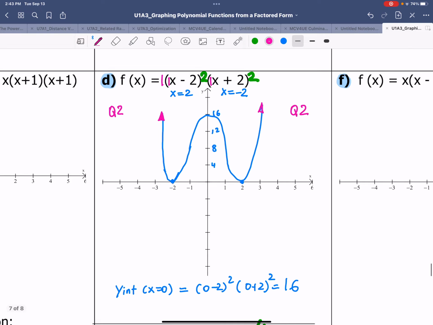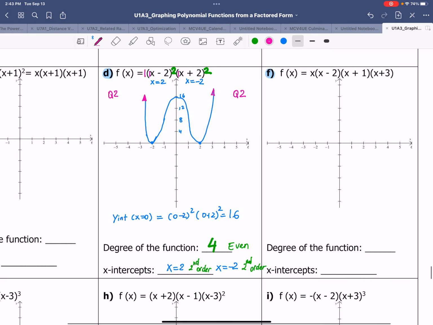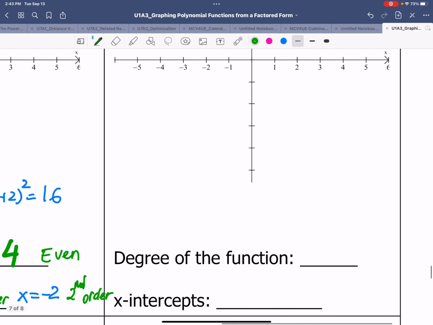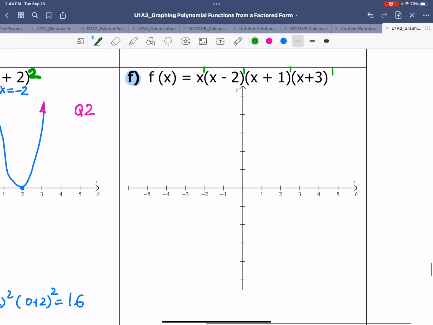Okay? Now, we're moving on to our last example on this group of questions. So this time we have example F. We have one factor x, x minus 2, x plus 1, x plus 3. So all factors contain x, which means that the power of this function will be 1, 1, 1, 1, a power of 4. So the degree of this function is 4. And what we also need to emphasize is the fact that that is an even degree function.